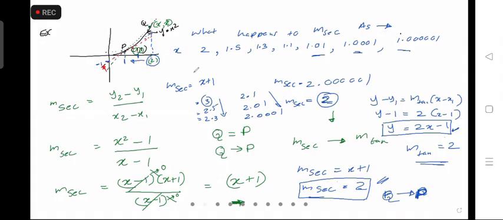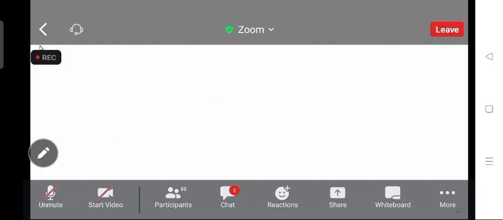Okay. Let's take the next challenge. The first challenge is to find the tangent line of the curve at a point. The first one is the tangent problem.